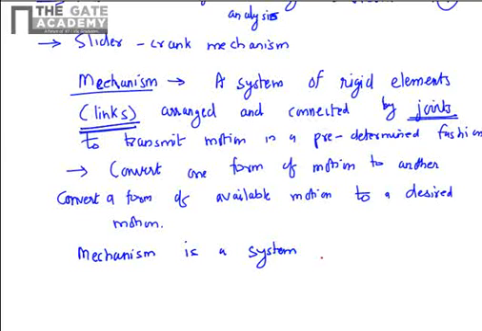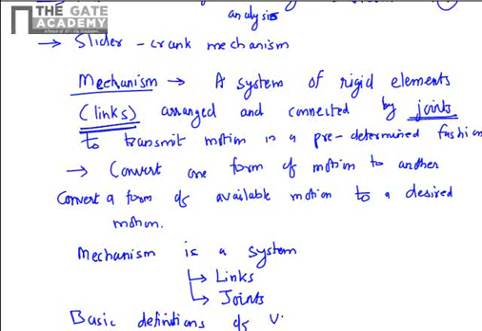System means it's an assembly of various other subsystems and components, having links and joints. Now we will go through basic definitions. After we have defined the mechanism, we will go through basic definitions of various stages in mechanism formation.